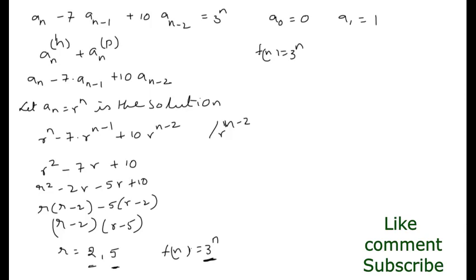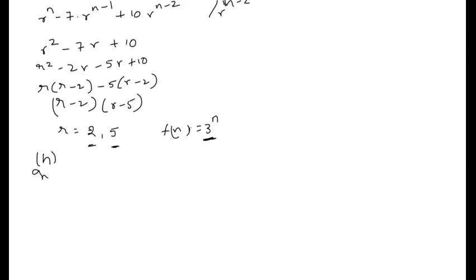So this is the case 1 type of problem. a_n^h, the homogeneous solution, is alpha times 2^n plus beta times 5^n, since the roots are distinct. And for the particular solution, a_n^p is A times 3^n.